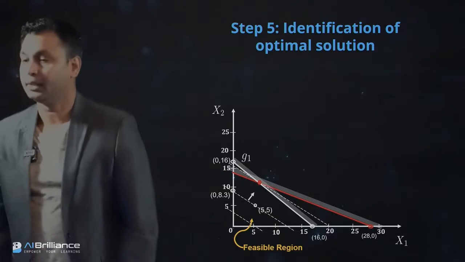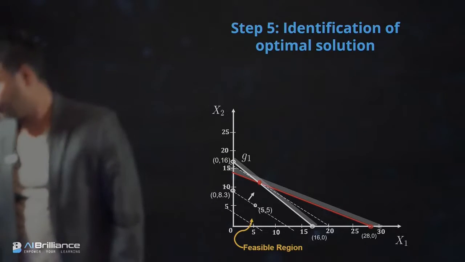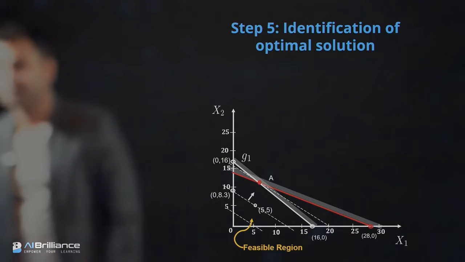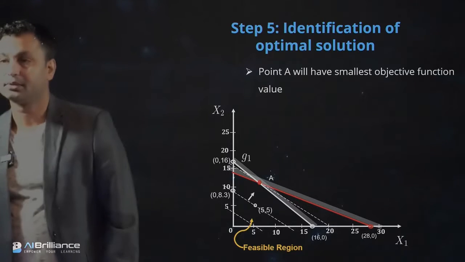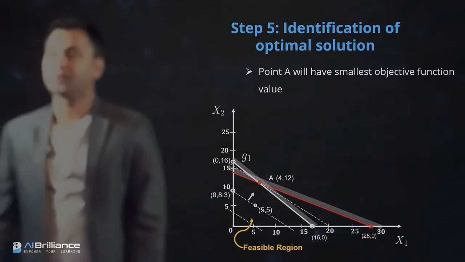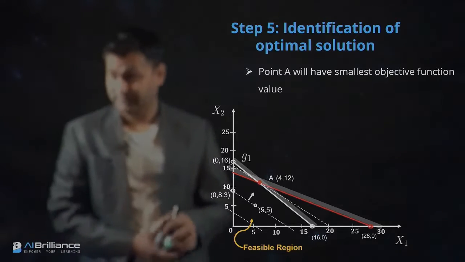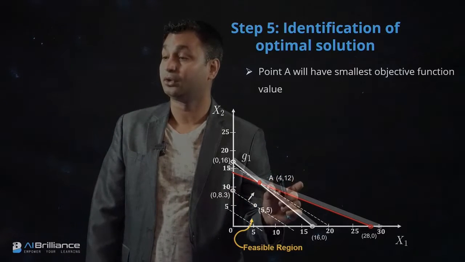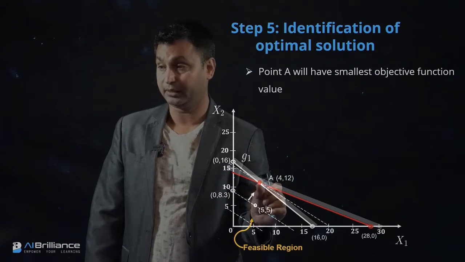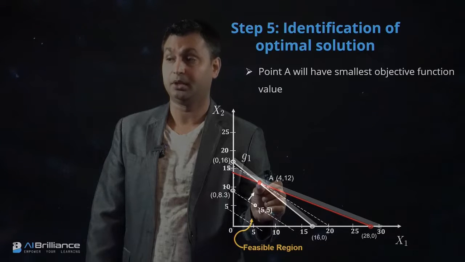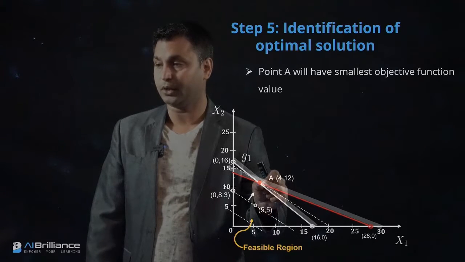So again, we will move away and we will find this A, and A is going to be the point that has the smallest objective function value. Then we will find the coordinates of A. How can I find the coordinates?